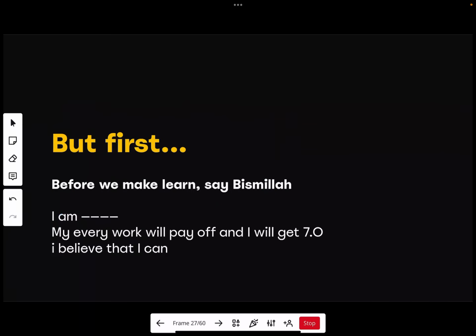Before we start learning, let's say Bismillah, and let's do some affirmation, right? For example, I am Gulzat's model, and my every work will pay off, and I will finally get 7.5 or more. Yeah, I believe that I can.